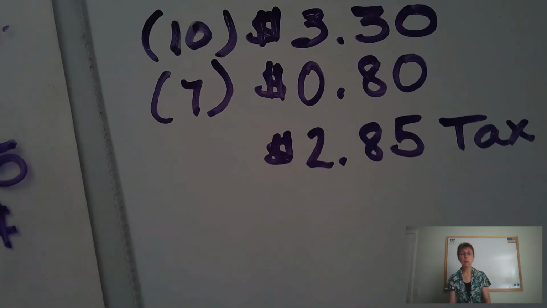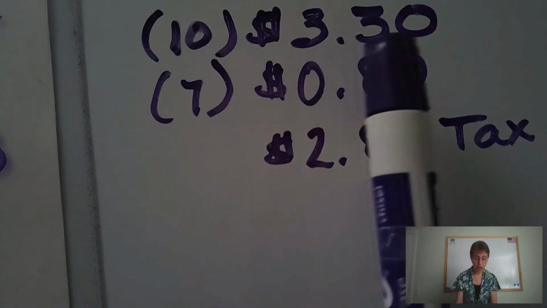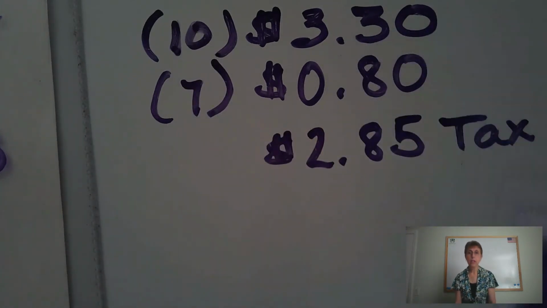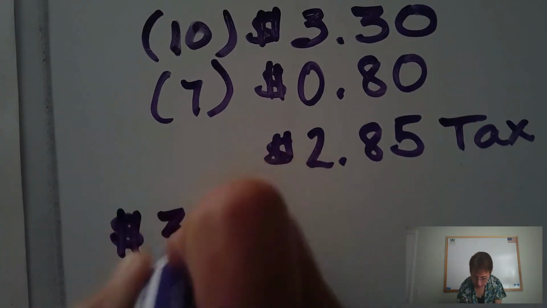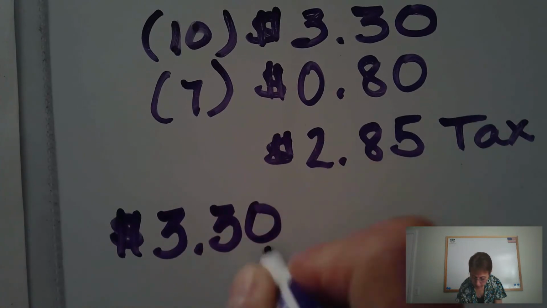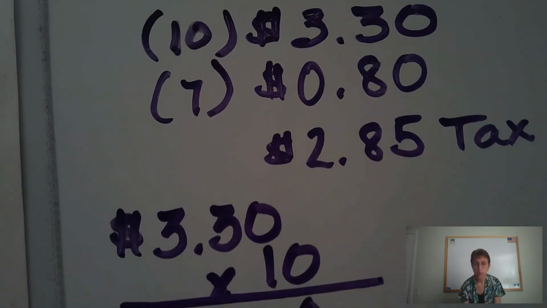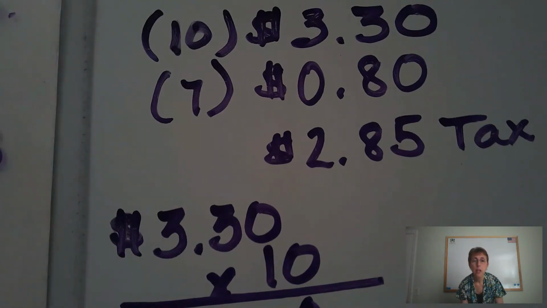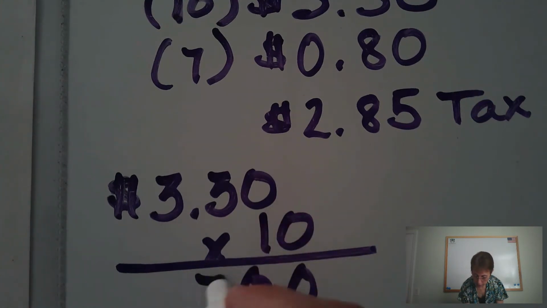So let's go back and take a look at this. If we buy 10 caps at $3.30 each, you need to work that out to see how much money you're spending on caps. $3.30 times 10. We hang off that 0, so we can just put our 0 down. And then you're saying 1 times the 0, which is 0, 1 times 3, which is 3, 1 times 3, which is 3.